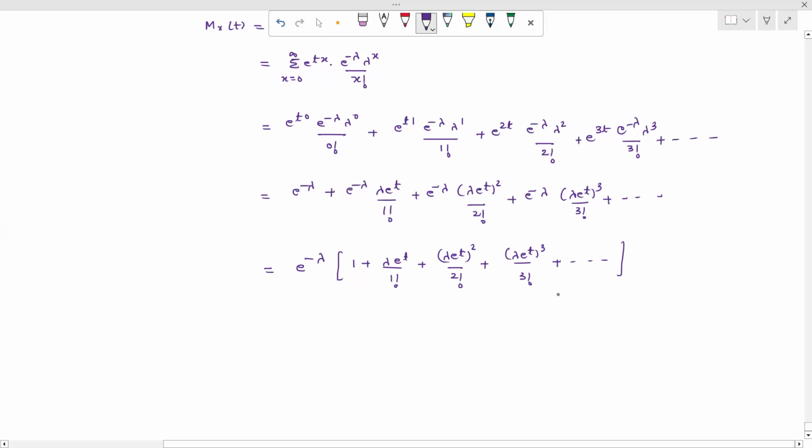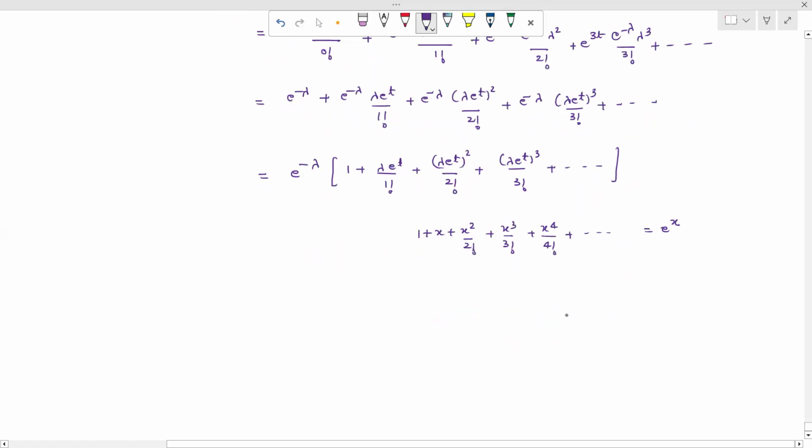So we know the expansion of 1 plus x plus x square upon factorial 2 plus x cube upon factorial 3 plus x raised to the power 4 upon factorial 4 plus and so on. This is the expansion of e raised to the power x. Here we replace this x by lambda e raised to the power t.